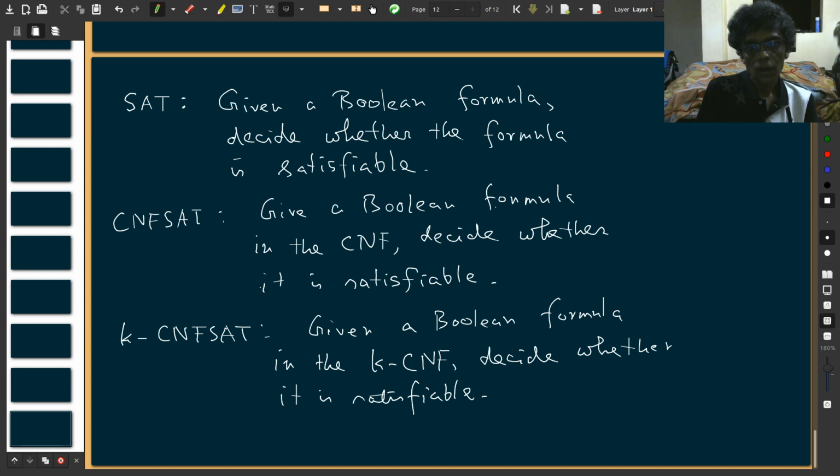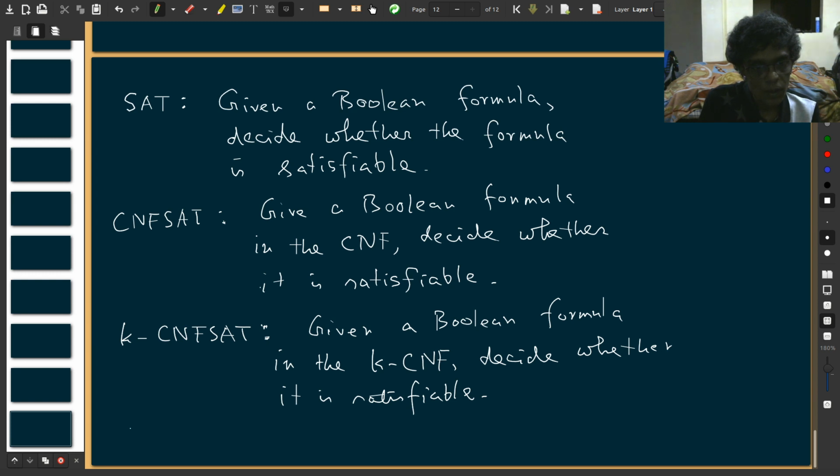Okay. So if these formulas are satisfiable, a certificate for this is a satisfying truth assignment of the input variables.